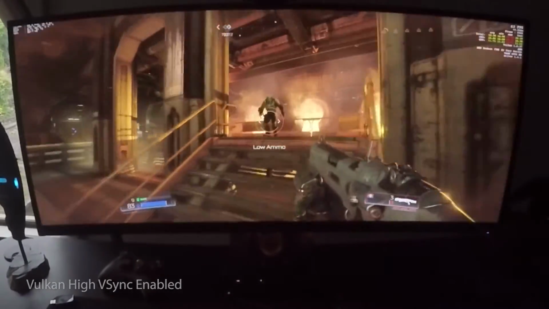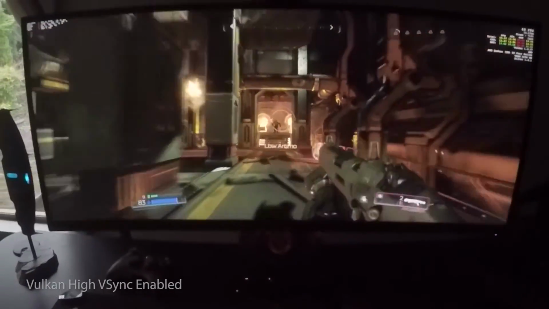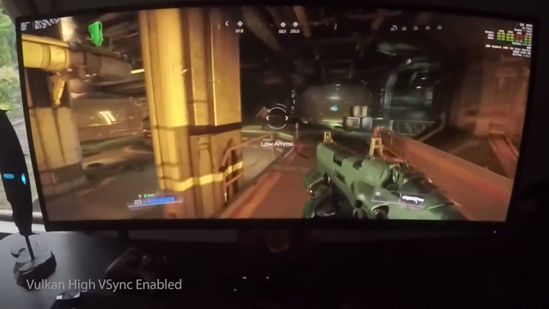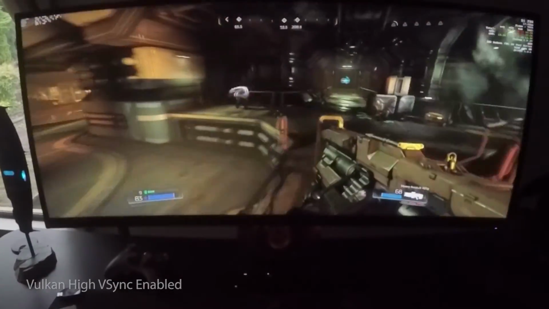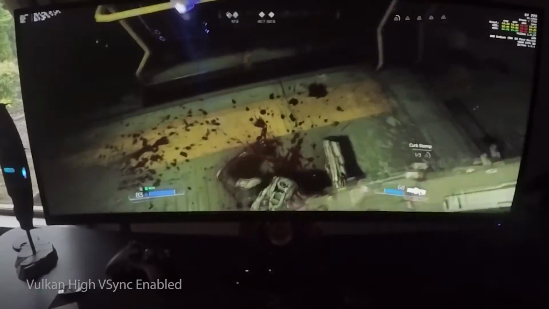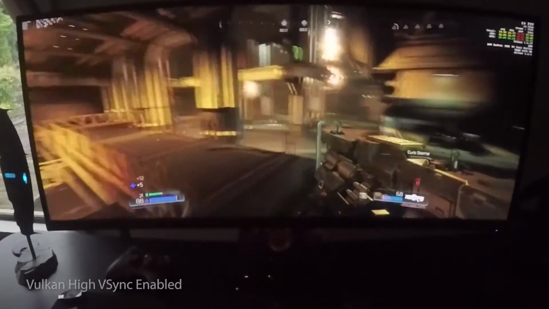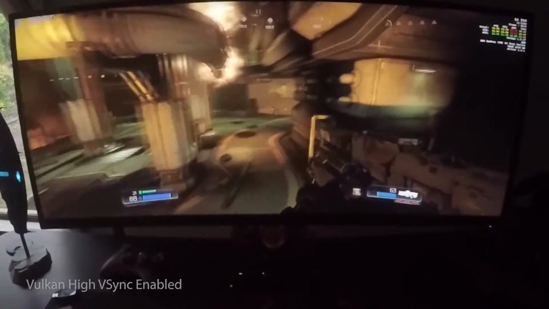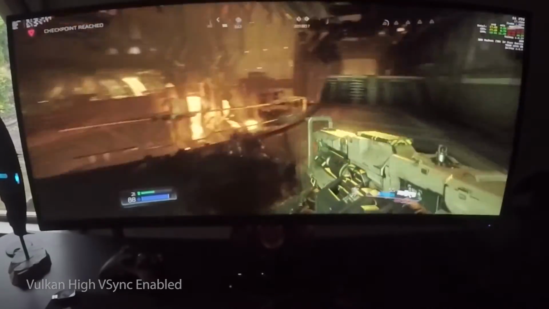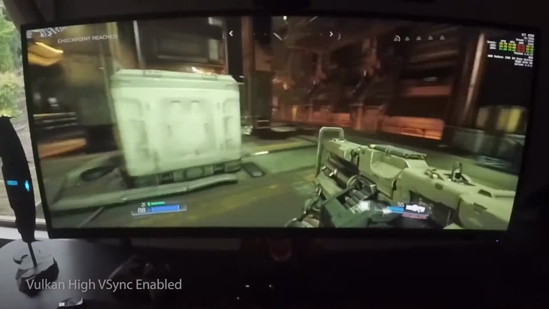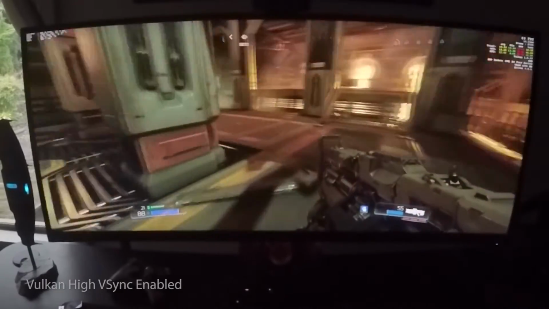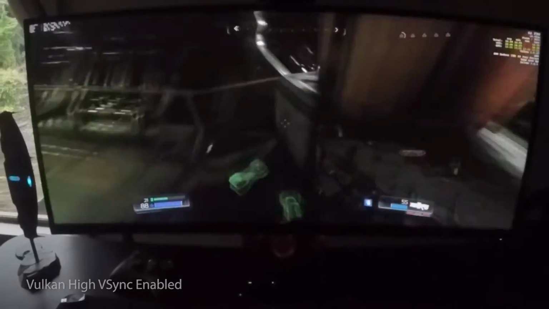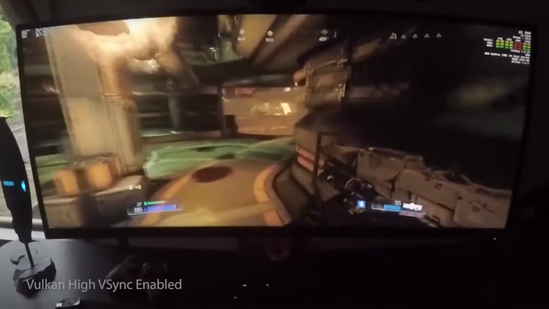We need to do this one more time. Have a little more action. Okay, now I'm pretty sure every time I looked up, I was higher than 60 FPS on Vulkan, which again is great. And for the most part, this feels pretty stable.